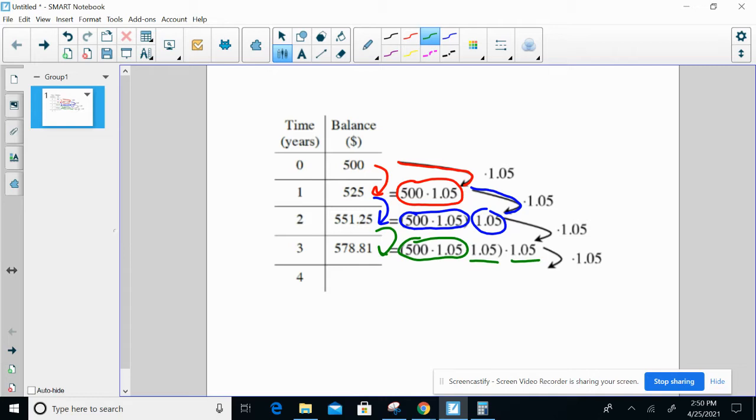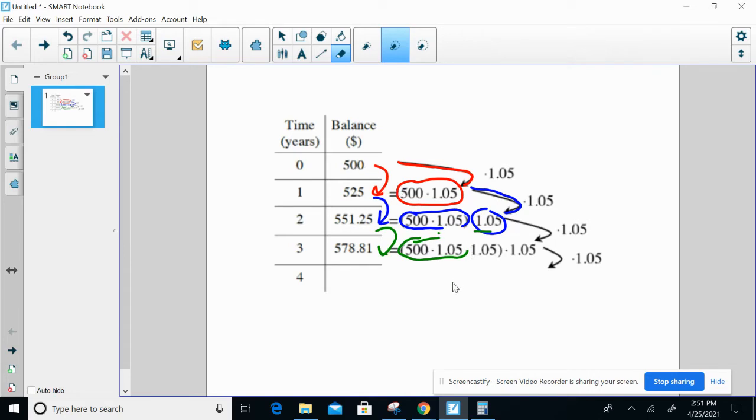You can see at each step, you're just multiplying times another 1.05. So after 1 year, 1.05. After 2 years, there's two 1.05s. After 3 years, there's three 1.05s. So you're just taking that 1.05 times the number of years. Okay, so you're constantly building on itself.